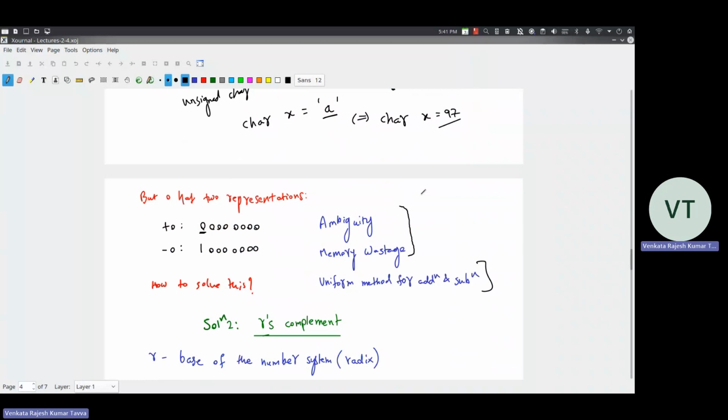So you need two methods. Adding negative numbers means subtraction, right? Addition of two positive numbers is addition, but addition of a positive number and a negative number is subtraction. So subtraction needs to be dealt with separately, and addition needs to be done in a different way if we use signed magnitude representation.